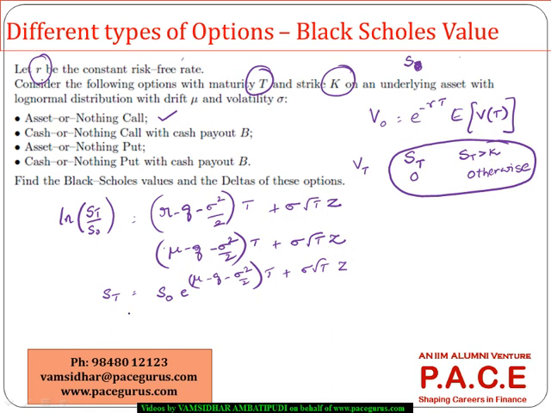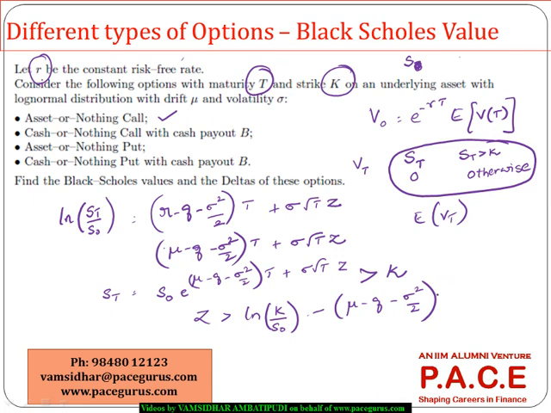This is ST. So I would be integrating this ST, because I need the expected value of VT, and this can happen only when ST is greater than K. So when I am saying ST is greater than K, it's as good as saying this value is greater than K. And the other way of putting it is z is greater than log K by S0 minus mu minus q minus sigma squared by 2 times t divided by sigma root t.